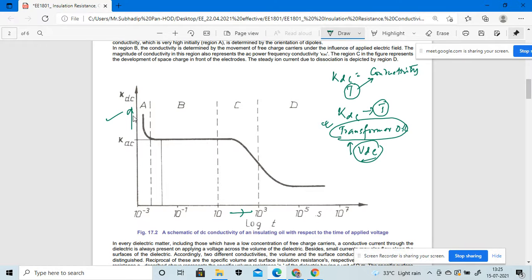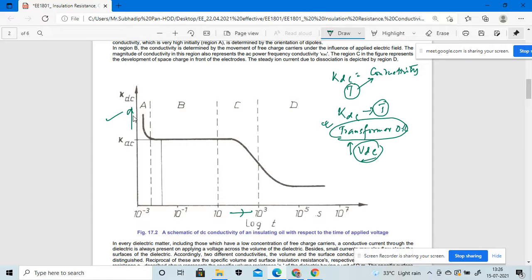We also have to take the temperature into consideration depending upon the various time intervals, because as time goes on, the temperature will increase, and depending on the temperature, the conductivity of the transformer oil may or may not change.